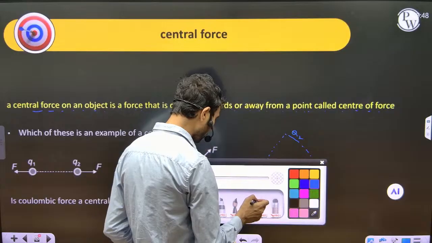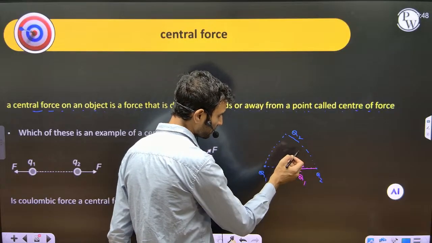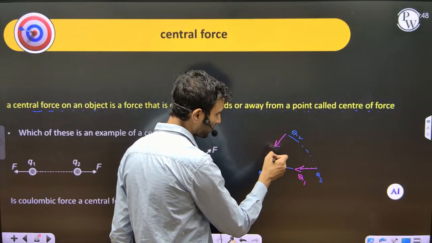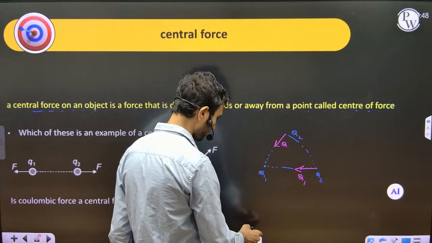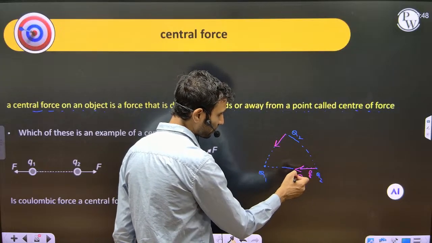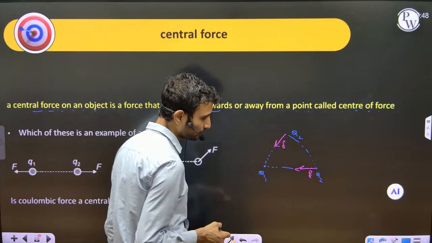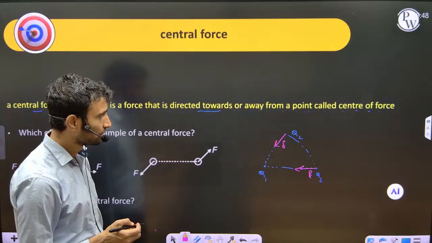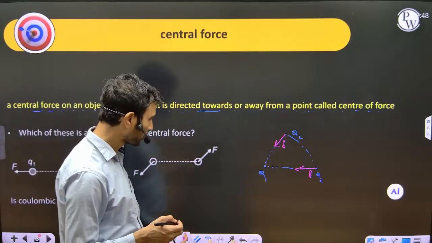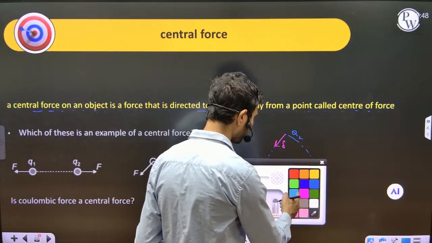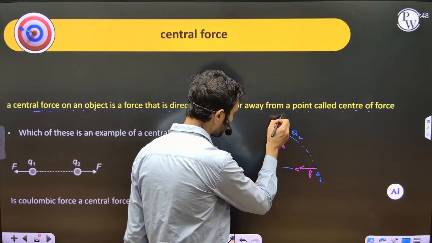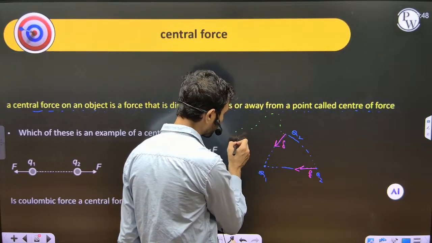Now in which direction will the force on q2 be? It will again be towards q1, right? Here also it was towards q1. Here also it is towards q1. Then q2 moves further and reaches here.